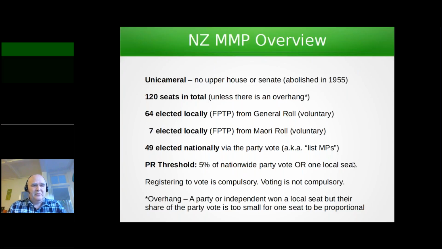So that takes the total number of local seats to 71, and the remaining 49 seats are elected nationally via the party vote. People call these list MPs, but I like to see it as a multi-member national constituency.